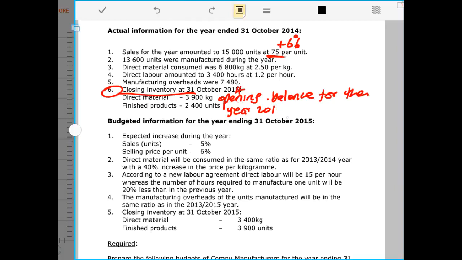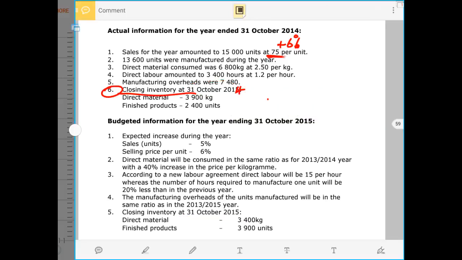And remember, the year 2015 starts on the 1st of November 2014. That means the closing balance on the 31st of October 2014 becomes an opening balance on the 1st of November 2014, which is the opening balance for the accounting period that will end on the 31st of October 2015.